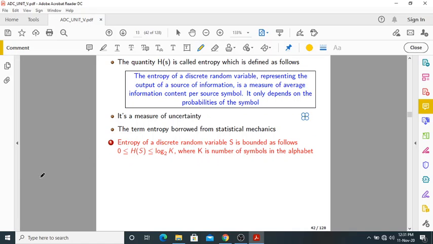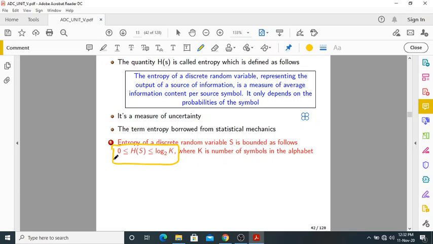Now, the entropy of the discrete random variable capital X is bounded as follows. Please note this point, all of you. This defines the bounds of the entropy, meaning the minimum value and the maximum value of the entropy.